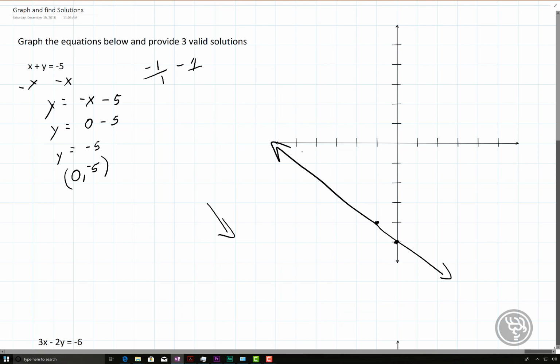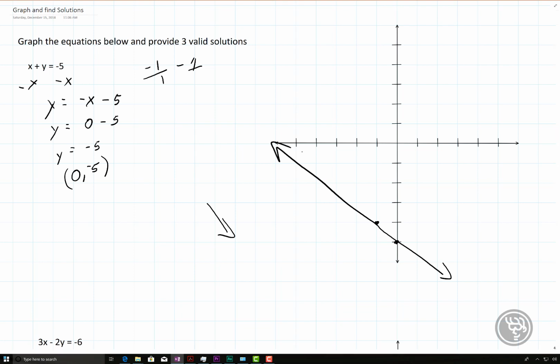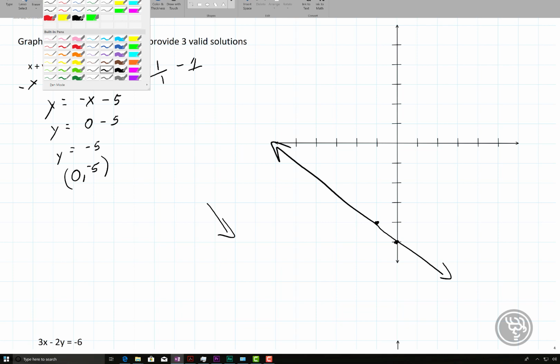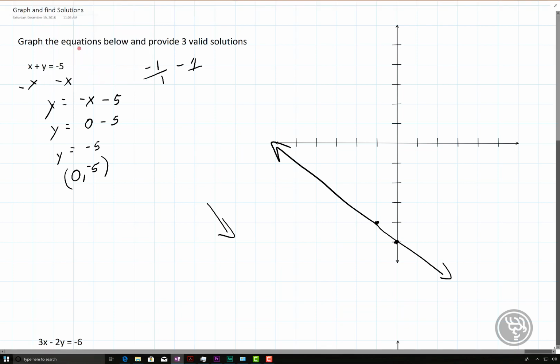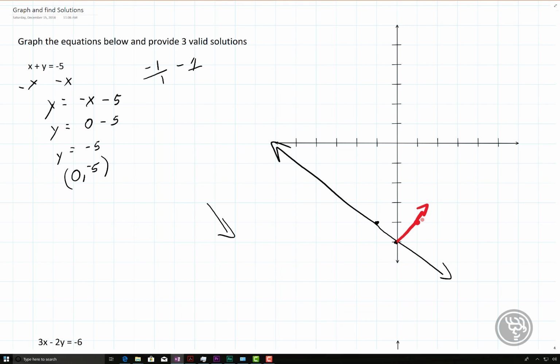Now, right here is where a lot of people were sometimes confused and asked, well, why didn't you do this line instead? If you're starting at this point, why is it that you didn't go up 1 and over this way? Well, the reason I didn't do that line is because that line would be increasing, and that would be incorrect.